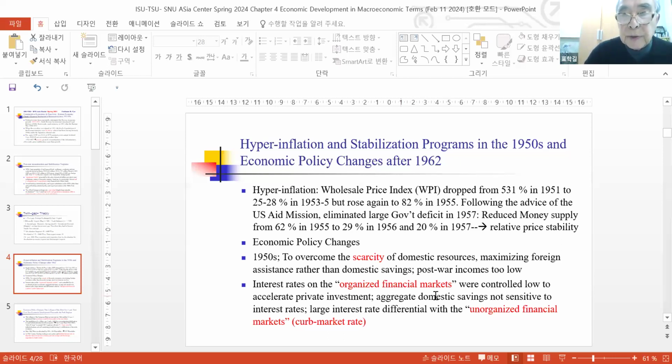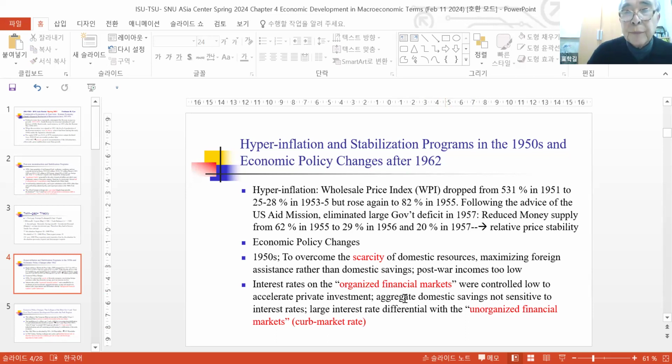So organized financial markets could not charge higher interest rates. On the other hand, companies not covered as state enterprises were squeezed out from the organized financial market.